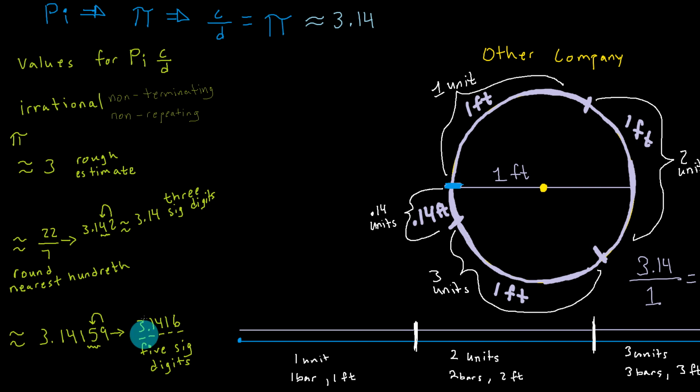Therefore, 3.1416 is a more accurate number than either of these two numbers to represent pi. Regardless of the value you use to represent pi, just remember, if you need a value of higher accuracy, use a more accurate number. Finally, if you're dealing with fractions to represent pi, a fraction with a larger number in the denominator will give you a more accurate value to represent pi. Cool stuff, guys. I'll see you in another problem.